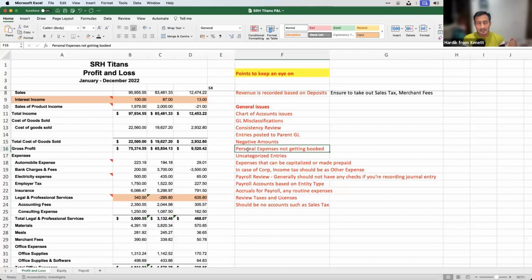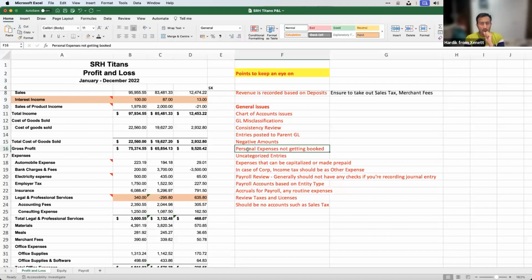For example, we have seen charges like YouTube subscriptions, Apple subscriptions, or app subscriptions generally used on a phone getting booked on the profit and loss as a business expense. So we have to keep an eye whenever we record any such expenses: if it is personal, we should not be booking it here. Rather, it should be routed through the balance sheet accounts.